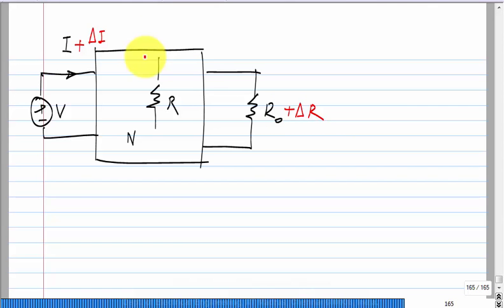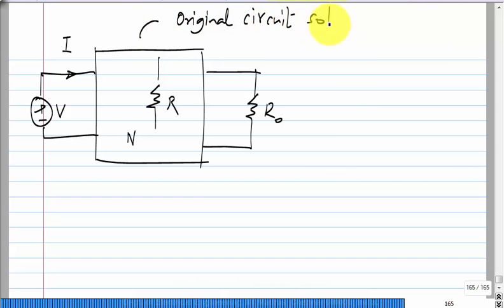By, let's assume that the original circuit has been solved.